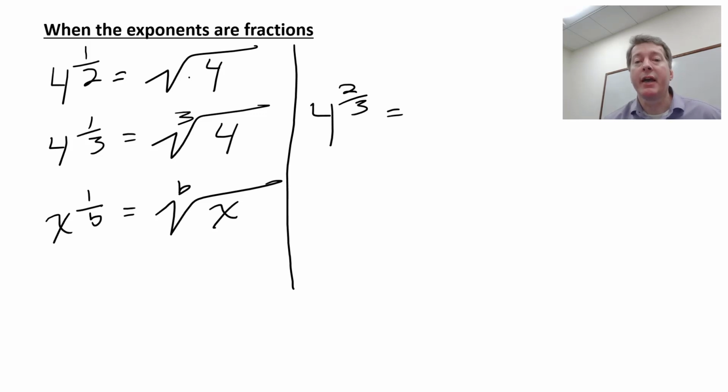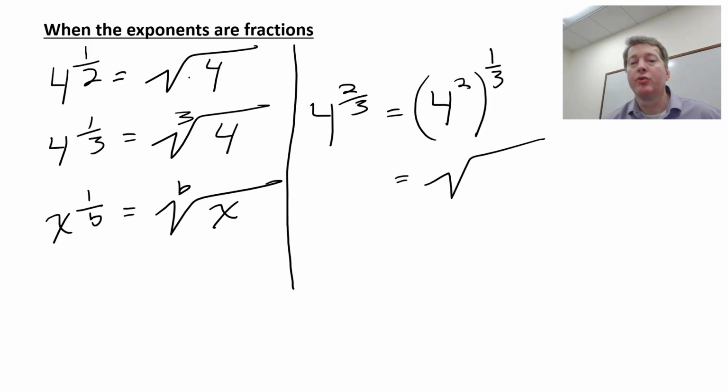That is the same thing as 4 squared to the 1/3, which is the same thing as the cubed root of 4 squared. So as a general rule, x to the a over b is the b root of x to the a.